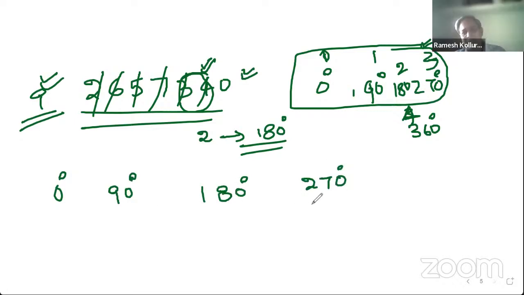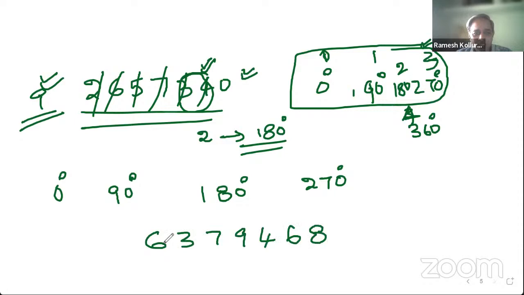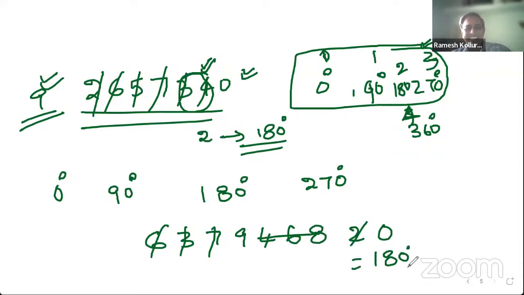So any number you take, any big number, it is very easy, right? 637946808. Let us cut it so that it will be easy for me. If this is my number, this is equal to 180. Immediately I'll say that. Correct? So easy. Actually, I have developed this on my own.